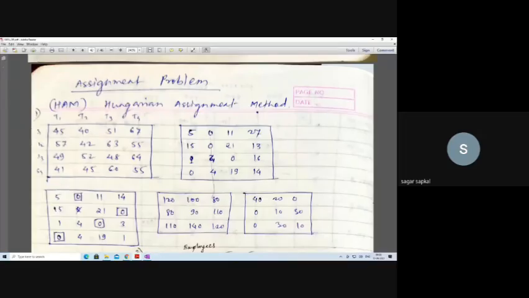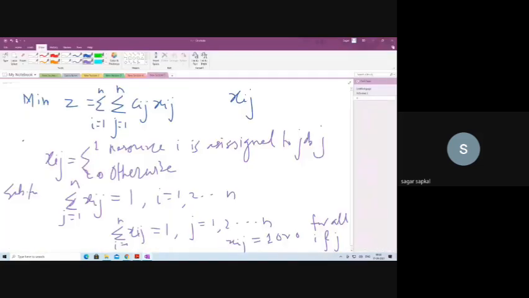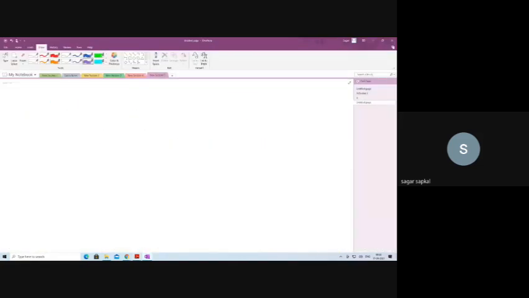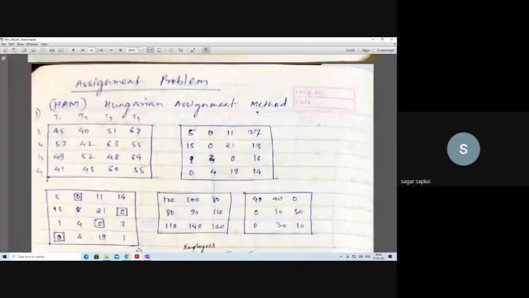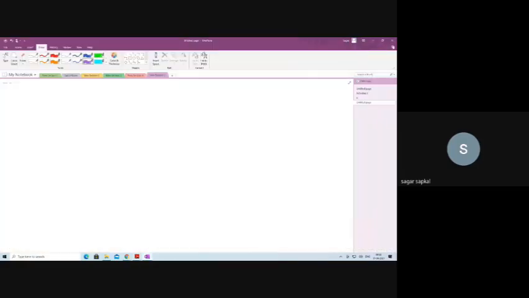There is one method called the Hungarian assignment method, which we are going to use. A Hungarian mathematician developed this method, so it is called the Hungarian method.